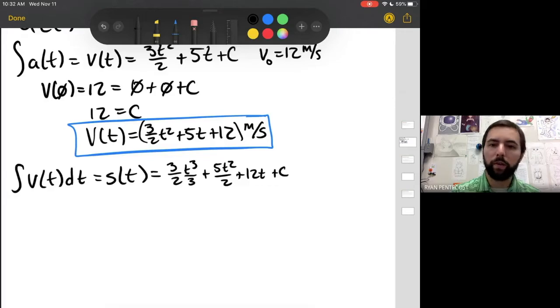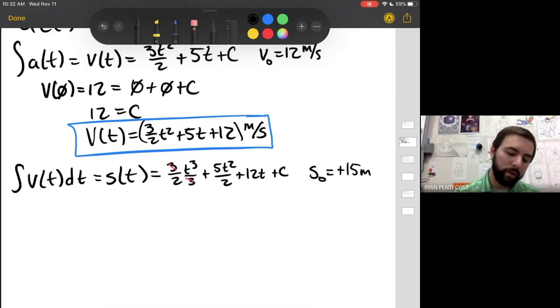And we are given the information that initial position is positive 15 meters. So let's simplify this first, right? That 3 can go away right there.